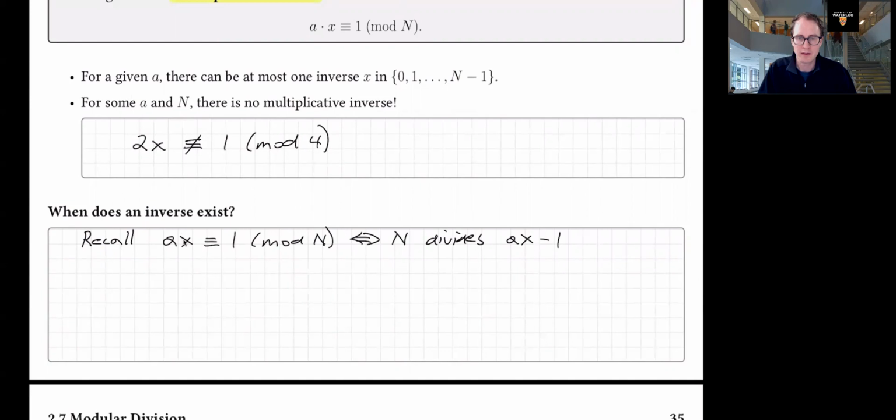You take the left-hand side minus the right-hand side, and n must divide that.